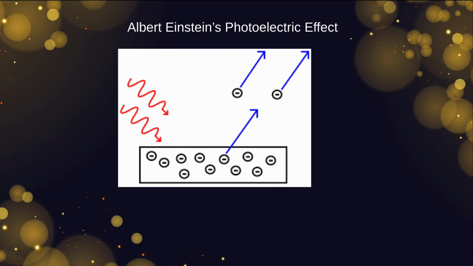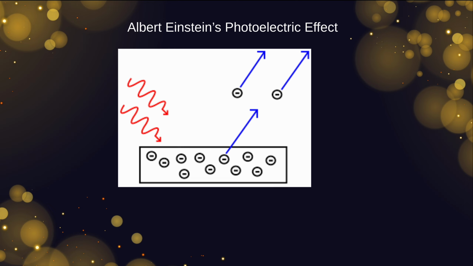And they found that the only thing that mattered was the frequency. And so what they discovered was that these electrons required a certain amount of energy to fire out of the metal that was determined by the wavelength of light, or the frequency. And so the intensity didn't matter.